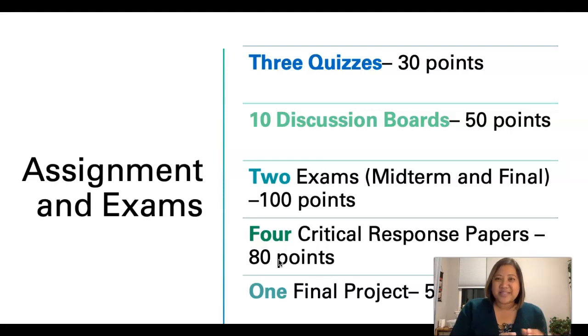Each of these quizzes is worth 10 points. So together, those 3 quizzes are worth 30 points. One thing that I do want you to understand is that I try to create quizzes to help you prepare for the exams, except for the syllabus quiz. The syllabus quiz is just so that I can make sure that you read the syllabus thoroughly.